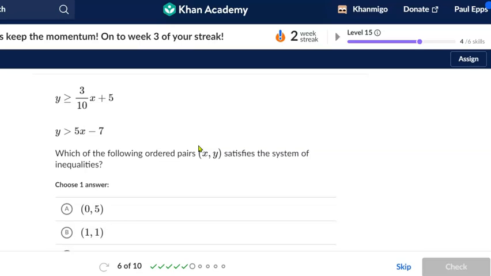Let's try the first one. y is 5, so 5 greater than or equal to 3/10 times 0, which is 0, plus 5. 5 greater than or equal to 5, true. Second, 5 is greater than 0 minus 7. Well, that's also true. So the answer is going to be A.